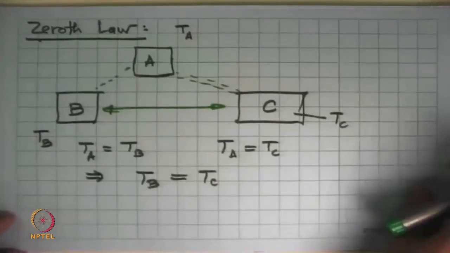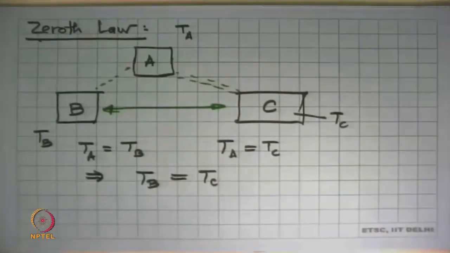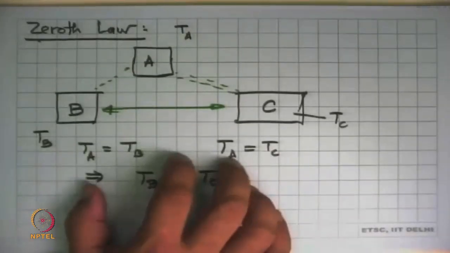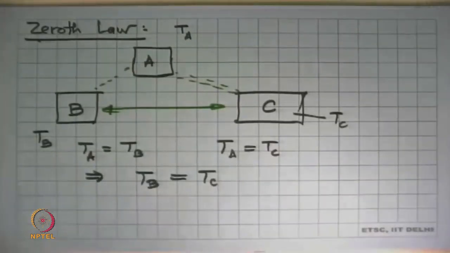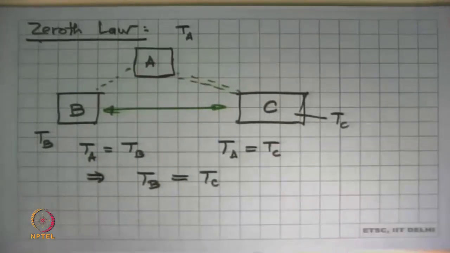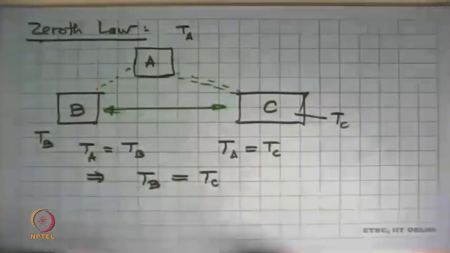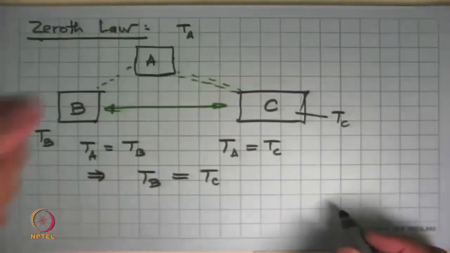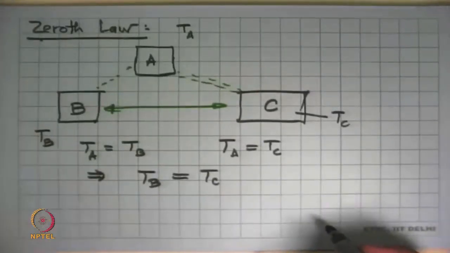It helps us in defining a temperature scale, and in many cases we exploit this principle unknowingly in making temperature measurements. I'll give one example on that. If there is, say, steam or hot substance or an acid or something like that flowing through a pipe, and you want to measure its temperature, we cannot just stick something into it, especially a mercury thermometer, and hope to get the value.